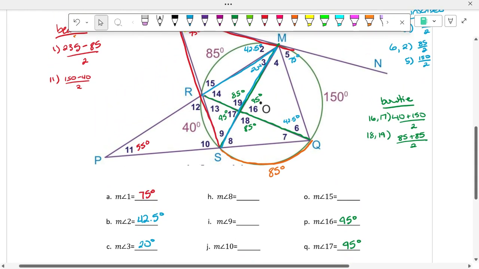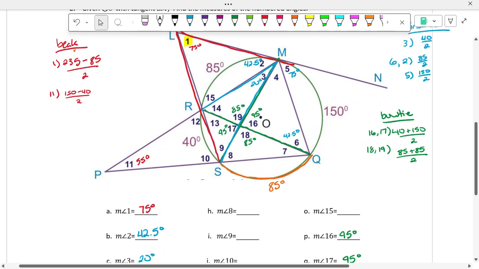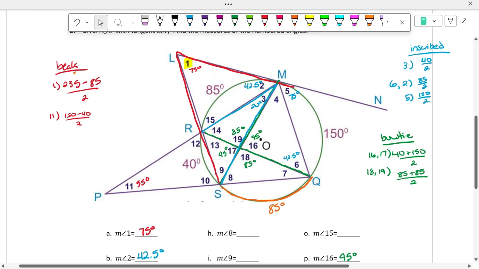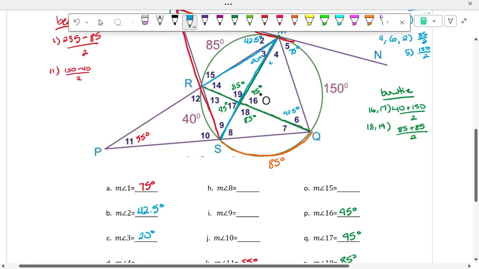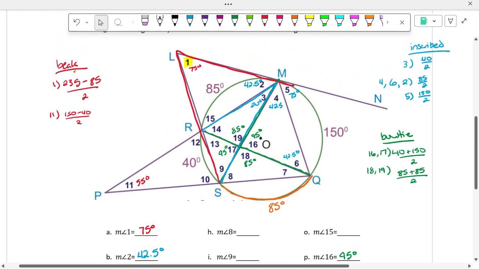Another inscribed, someone else. I heard 4. So 4, what's the intercepting arc? 85, so it's the same as 6 and 2. So it's 42.5. What's another one? I heard 9.